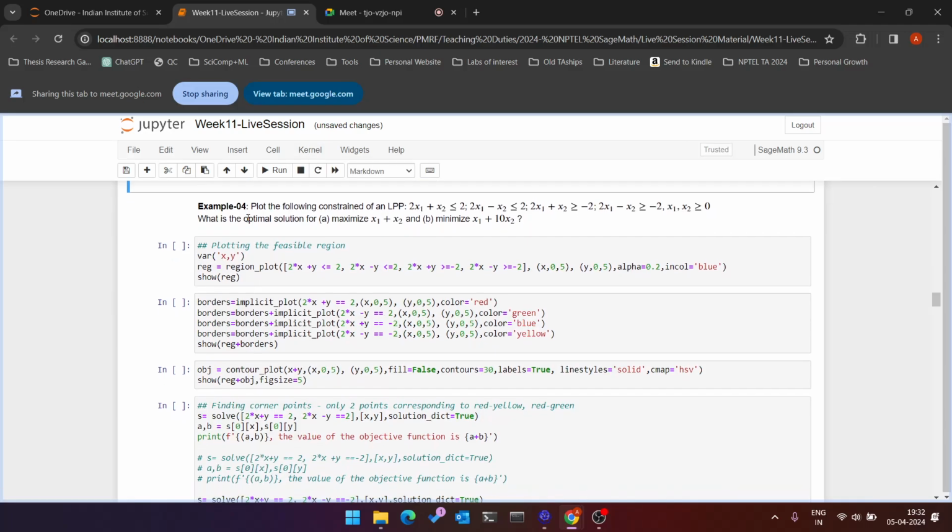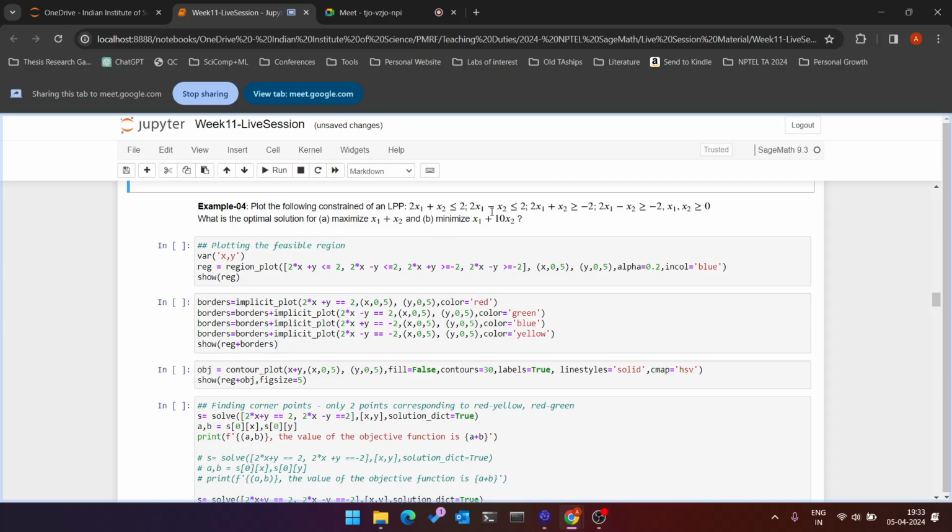Here we are again, similar to the previous example, we have been asked to plot the LPP with the constraints 2x1 plus x2 less or equal to 2, 2x1 minus x2 less or equal to minus 2, 2x1 plus x2 greater or equal to minus 2, and 2x1 minus 2x2 greater or equal to minus 2, with x1 x2 greater or equal to 0.